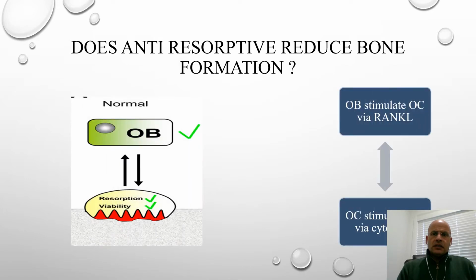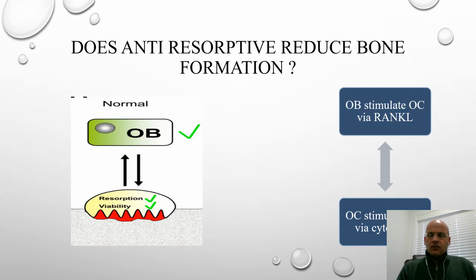The first question that we need to address is, does anti-resorptive reduce bone formation? To answer this question, we need to understand the concept of the crosstalk or the coupling between the osteoclast and the osteoblast.